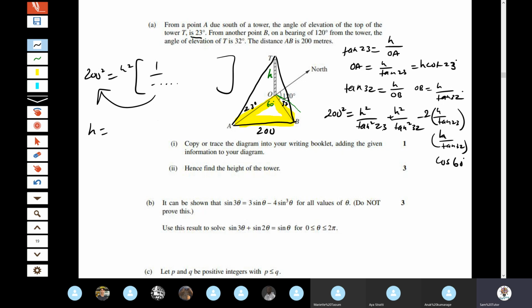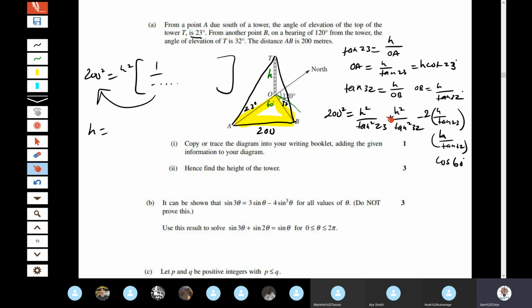So all I'm going to do is plug everything else. 1 on tan 23 squared, plus 1 on tan 32 squared, minus 2 times 1 on tan 23, 1 on tan 32, cos 60, all in my calculator, and then divide it. So come on, you guys, start doing that. 1 on tan 23, all squared. Plug it into your calculator.